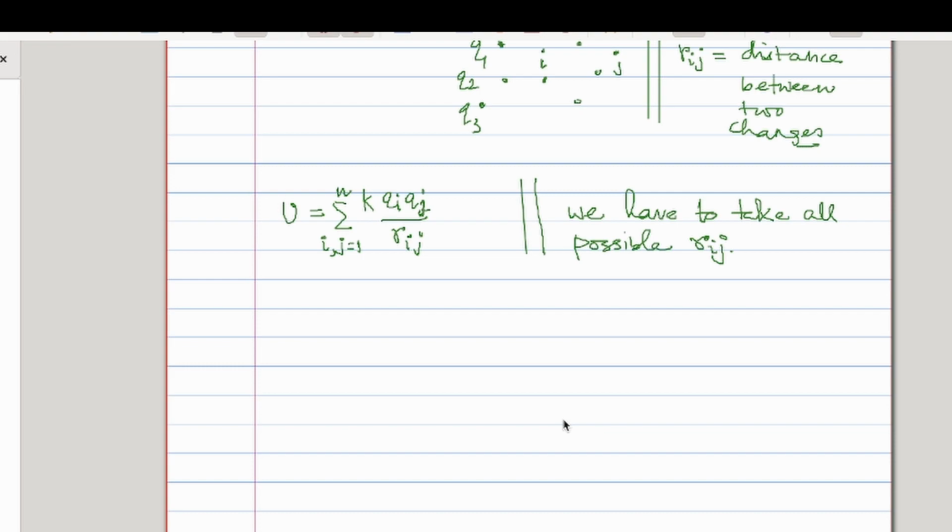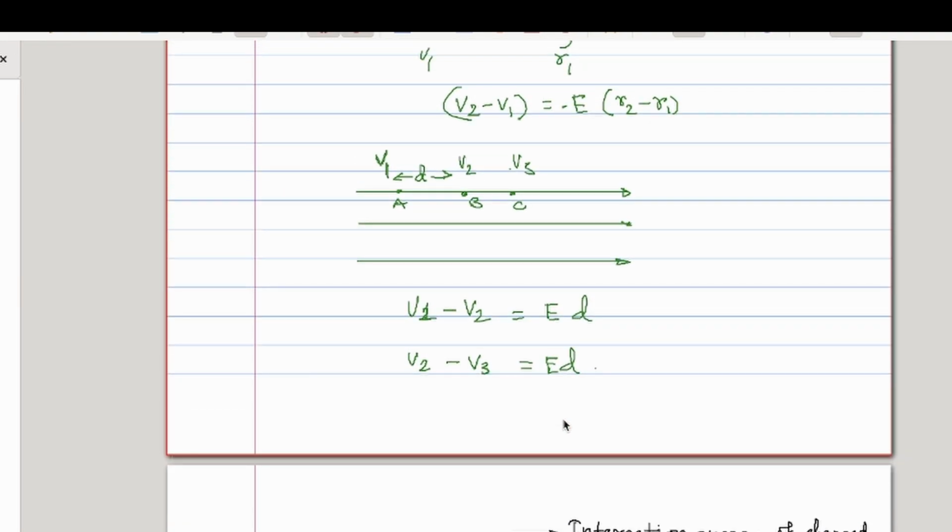Okay, now at infinity we consider the electrostatic potential due to a point q. Let's say this is a point q and there is a point small q at infinity. We consider this point at infinity, the potential of this point is 0 at r equals to infinity.